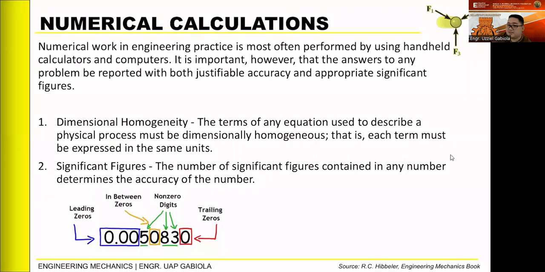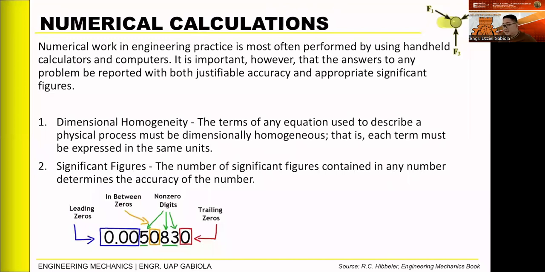Okay? So the first is what we call dimensional homogeneity. Ang ibig sabihin lang niya, pag magko-calculate tayo o magso-solve, make sure na we express all of our units in the same units. If ever sa formula, halimbawa, yung ginagawa doon sa rule number 4, before tayo nag-multiply, in-enlist muna natin yung mga prefixes niya para hindi tayo malito.